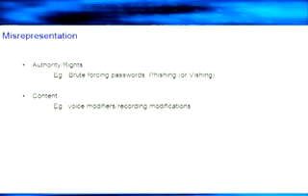You also have different ways to misrepresent during a voice conversation. You can misrepresent authority and rights and content. And these are words from the VoIP security threat taxonomy that VoIPSA has released.